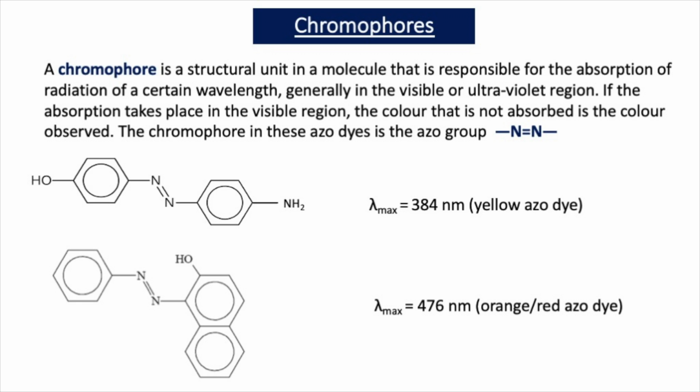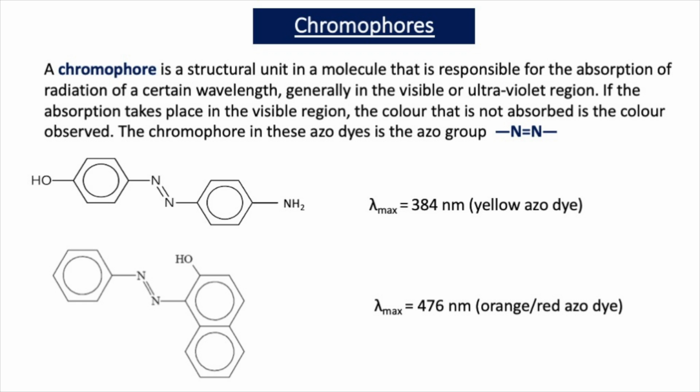Now the first azo dye here has a maximum absorption at 384 nanometers. So it's absorbing in the blue end of the spectrum, and that's why the colour you see is the colour not absorbed, and in this case is yellow. Now the second azo dye here, which is formed from benzene diazonium chloride and naphthalene 2-ol, absorbs at a slightly different wavelength, but it's still absorbing in the blue end of the spectrum, and that's why it's red/orange.